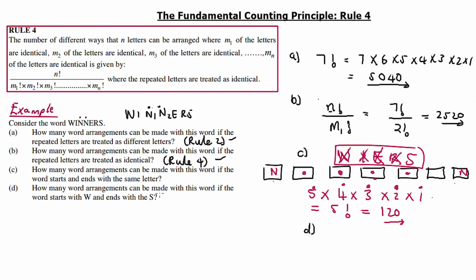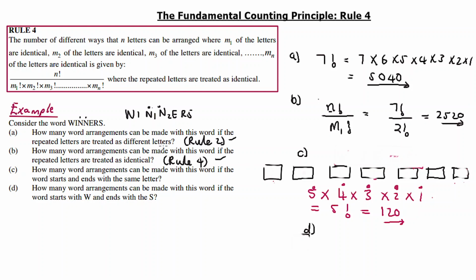How many word arrangements can be made with this word if the word starts with W and ends with S? Let's do this instead. I want to use these blocks to answer this question.